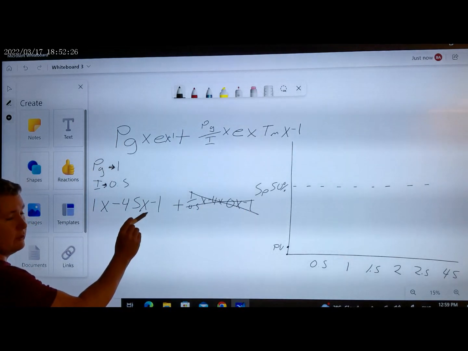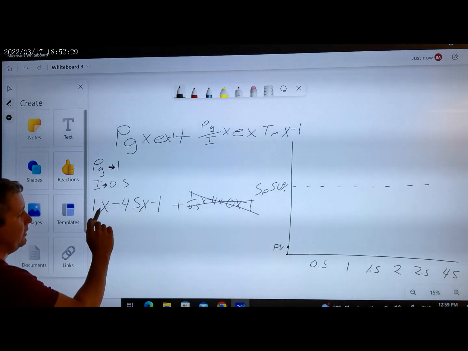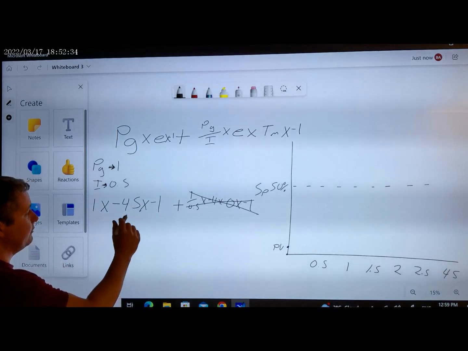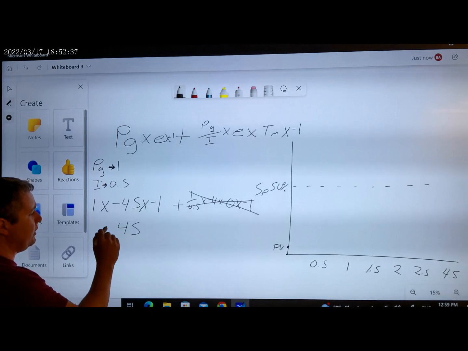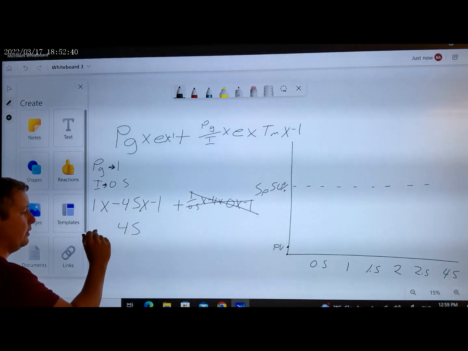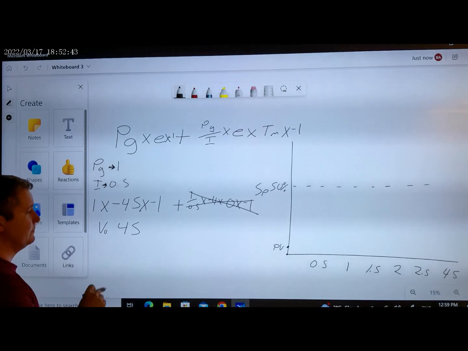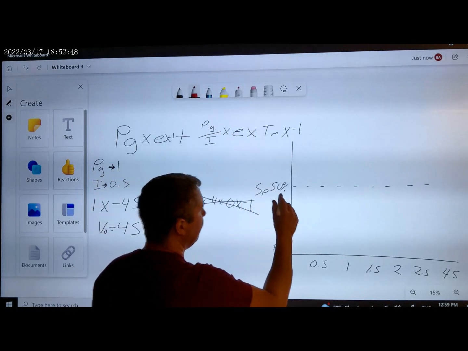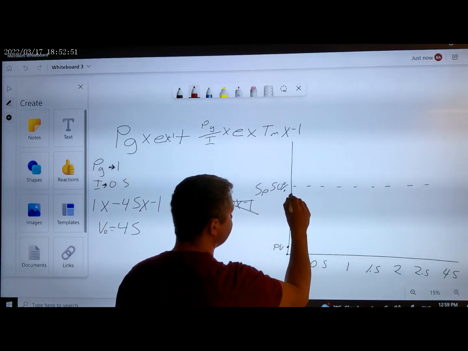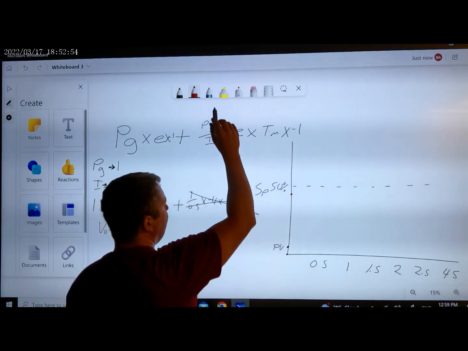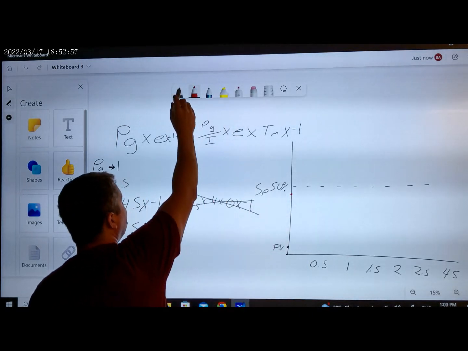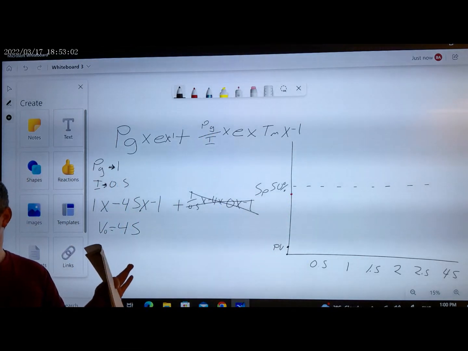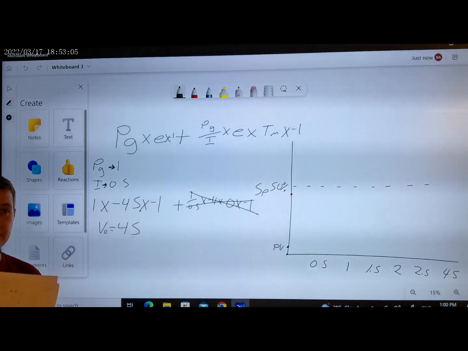But for the proportional side, it is going to be 1 times minus 45 times minus 1, which is going to be 45. So our output, our valve out, is going to be 45. Now I'm going to put that in red. 45. And our process variable can still be in black. We've done this before with the exception of the minus.